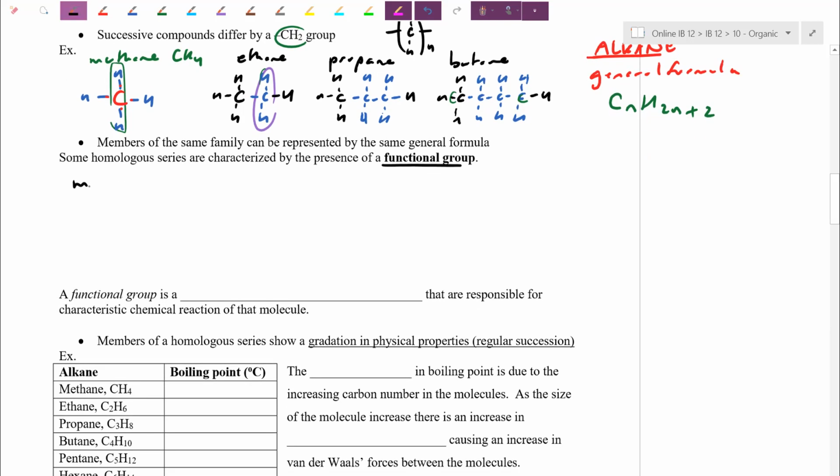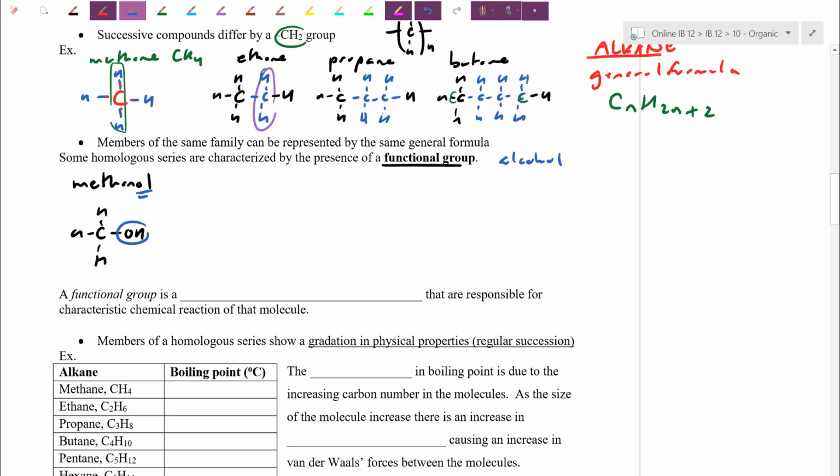So, for example, let's take methanol. In our naming, we're going to see meth just means 1 carbon. Methanol actually has a formula. It essentially is a methane molecule, but instead of an H, it's been substituted with an OH.